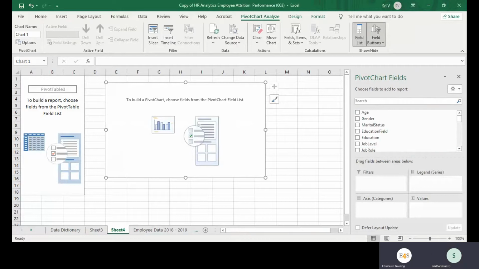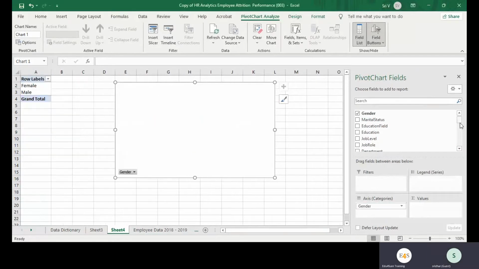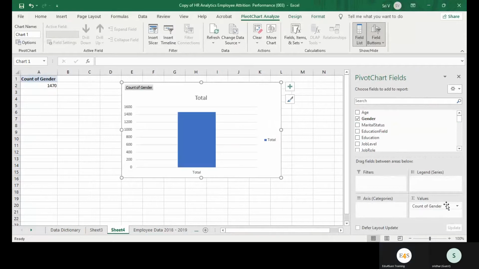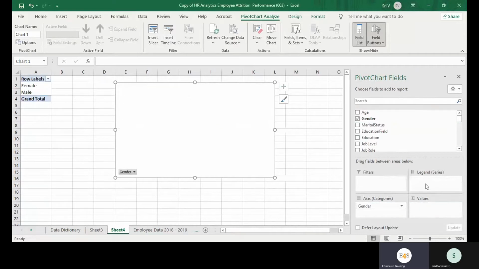Okay. So marital status, male female, gender basically. We need to have male female ratio. In the values also you will take gender. At both the places we will take gender. Yes, take gender again in the values.